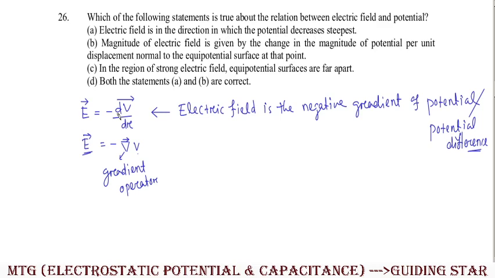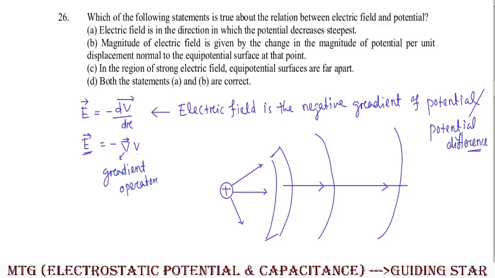So how can we prove that the electric field due to a positive charge, which is away from the charge, is along the direction of decreasing potential? Let the potential over here be v1, the potential of the surface v2, and over here v3, that means v1 is greater than v2 greater than v3. So electric field is along the direction of decreasing potential.